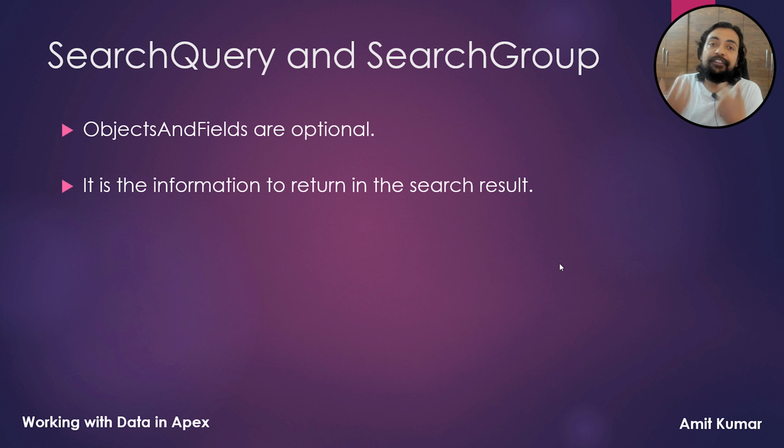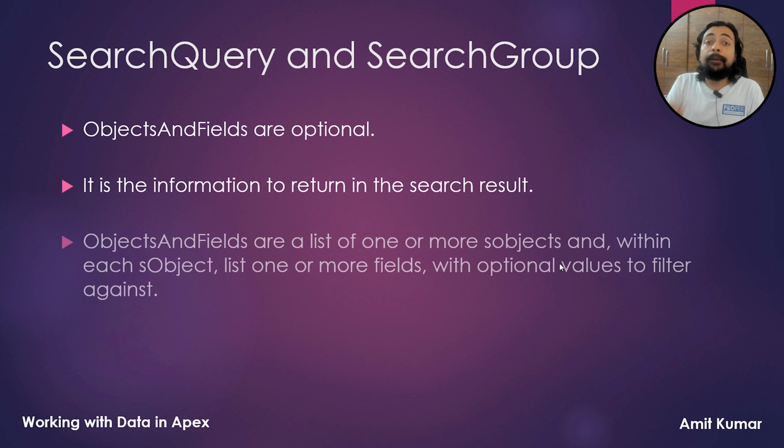Of course, if any information is present for that specific object. If no information is present over there, it can't return you anything. Now objects and fields are a list of one or more objects that you can mention. With each object you can mention a list of fields also. If you don't mention any field, then in the result it will provide you the ID if any result is there.